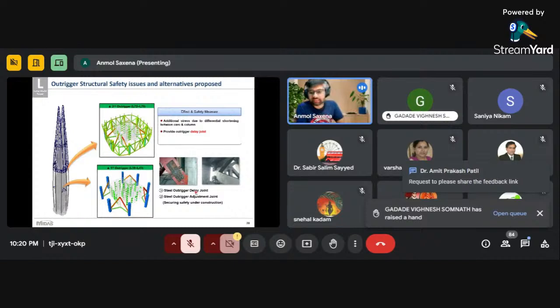Now, this is up to the column shortening, but other than that, they also have some issues related to the outriggers. Okay, the outrigger trusses which they install. So what happens is that on these outriggers, during the construction, there are very high stresses.